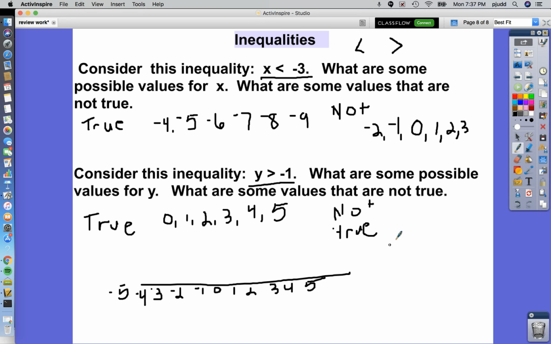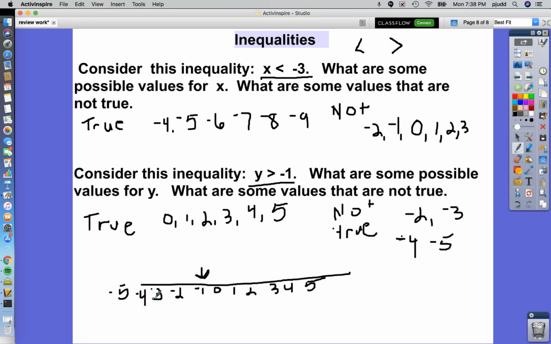Well, -2. -2 is not greater, it's to the left. -3 is not greater. -4 is not greater. -5 is not greater. All of these integers, or all of these numbers to the left of -1, this is what I'm looking at, all of these numbers to the left are not true. These are not greater than -1.